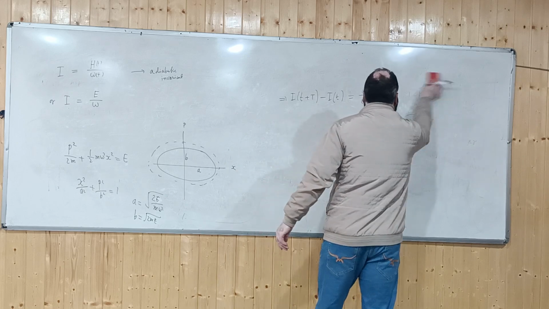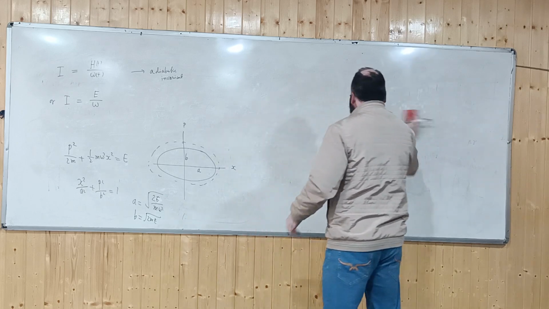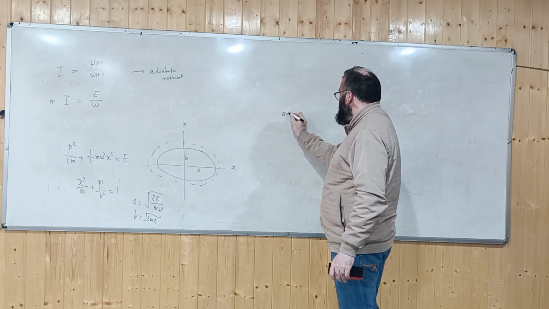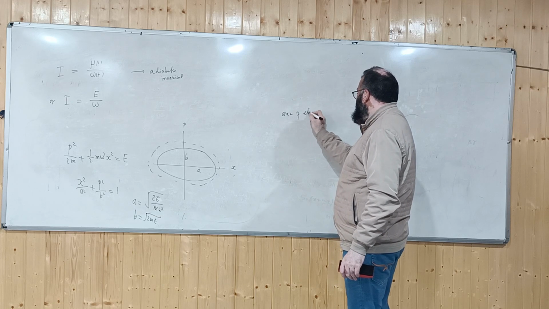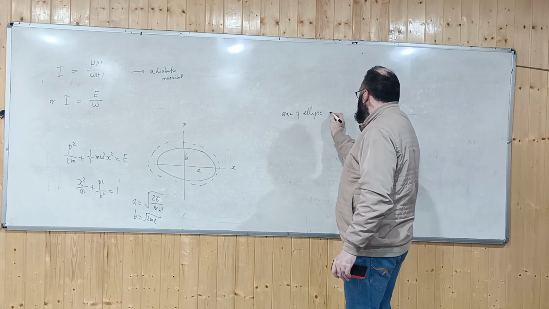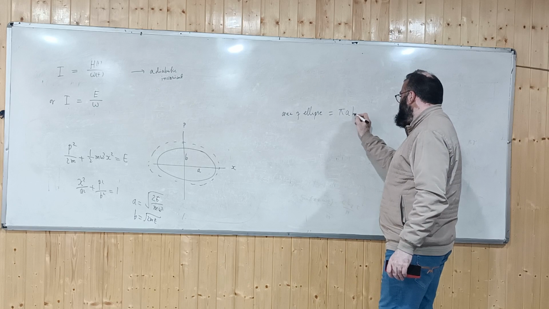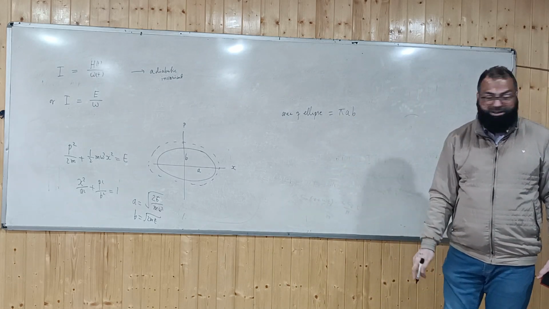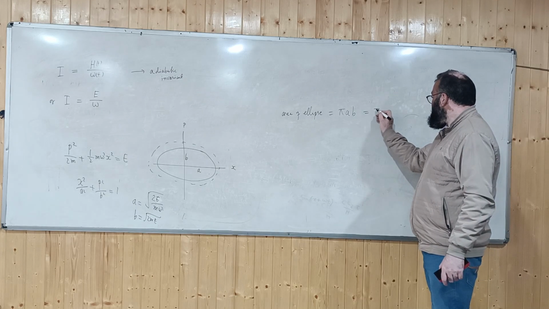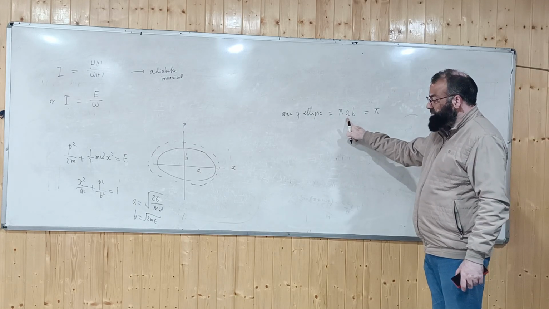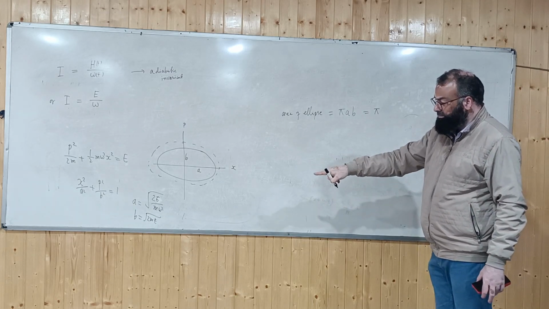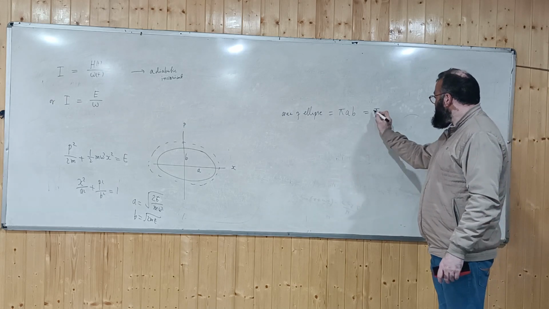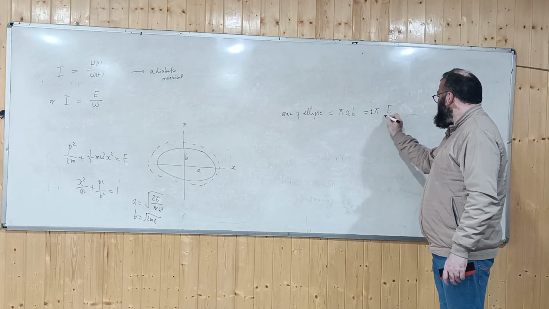How can I write the area of the ellipse? Anybody? So the area of an ellipse is π times ab. It is simply the area of a circle if a is equal to b, which is πa². Clear? So now what is a? a is root of 2E by mω², b is that. So it will be simply 2πE by ω.